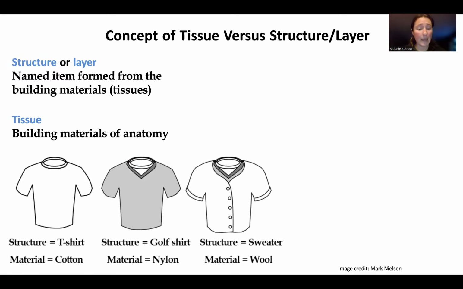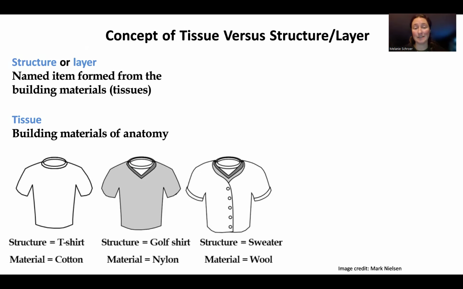And so in the same way, we have many structures in the body that have different names because they have very distinctive features to them. So we give them different names. And these features, these structures are made of some kind of material.